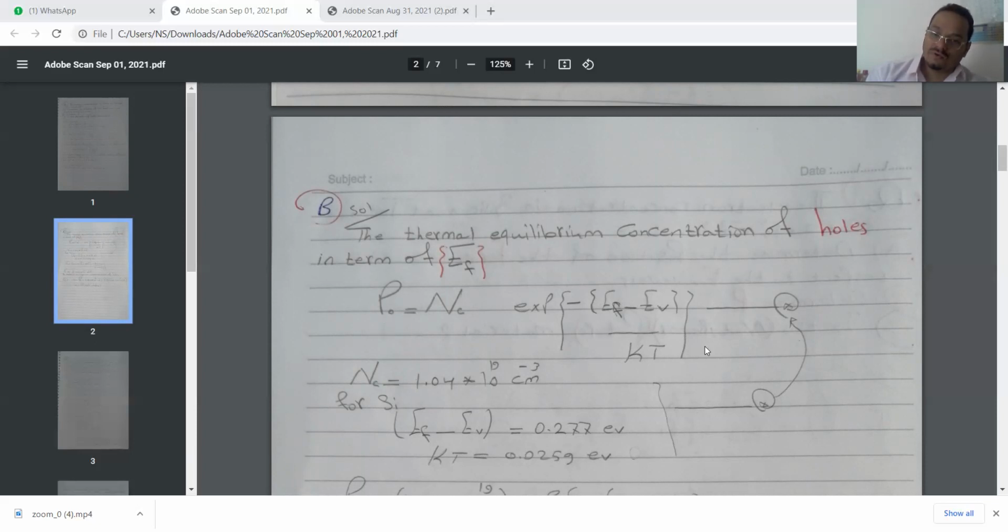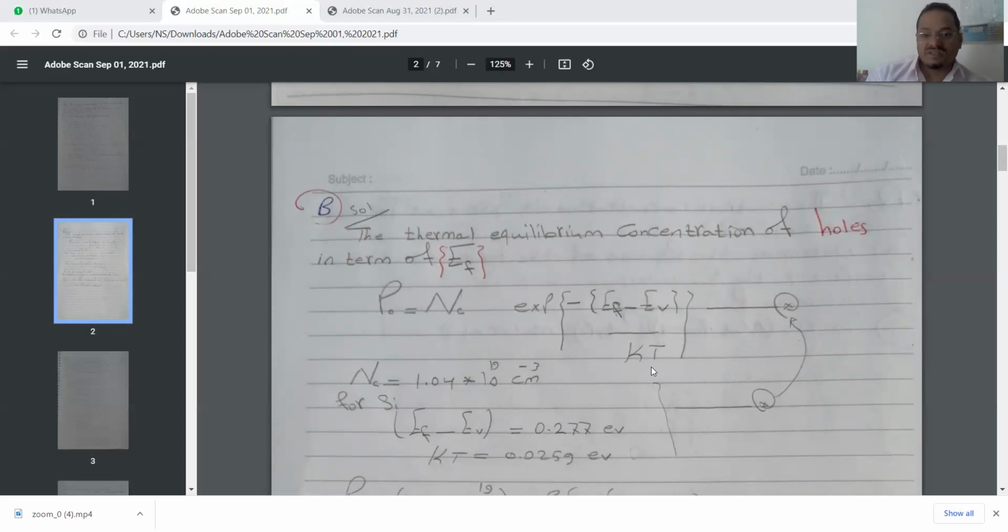Like I said before, because the temperature is room temperature, this KT, which we calculated before, equals 0.0259. Okay, and NC we calculated before, because we're dealing with room temperature.